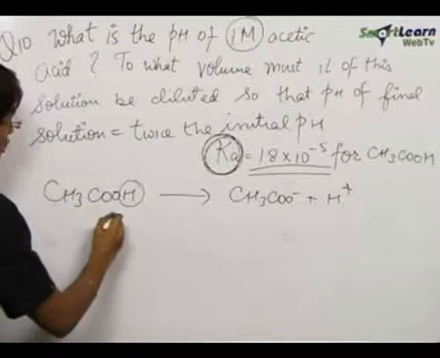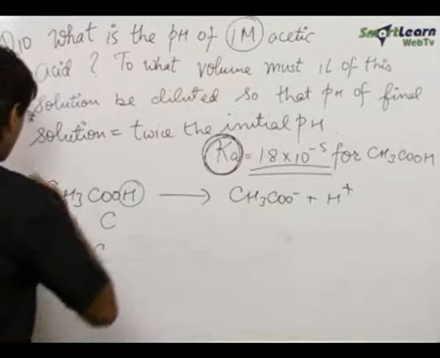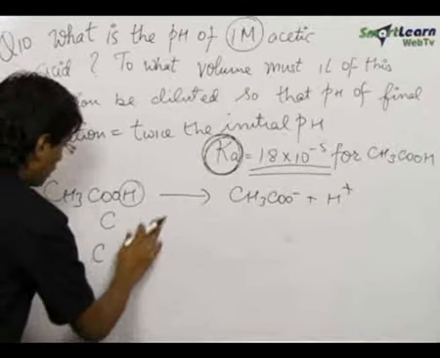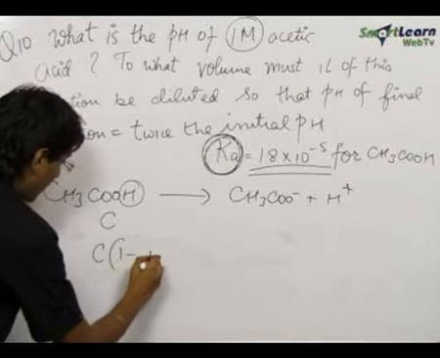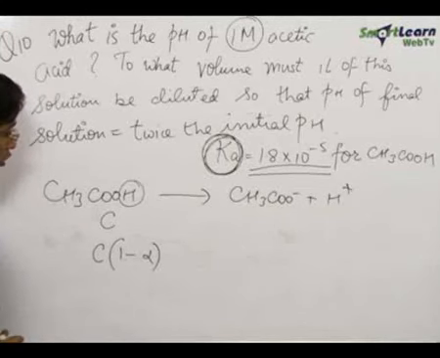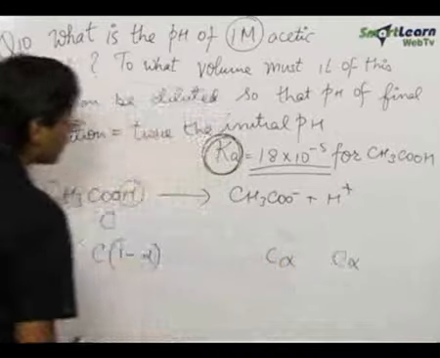Let the initial concentration be C. If it dissociates with a degree of dissociation, let it be alpha, then after a certain time period this becomes C(1 - alpha), this becomes C alpha, and this becomes C alpha.